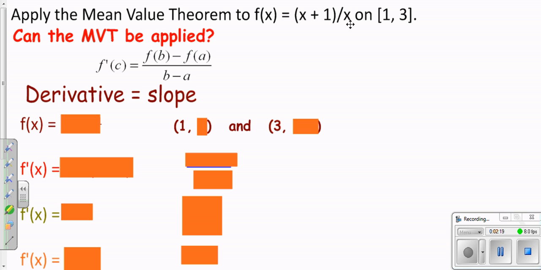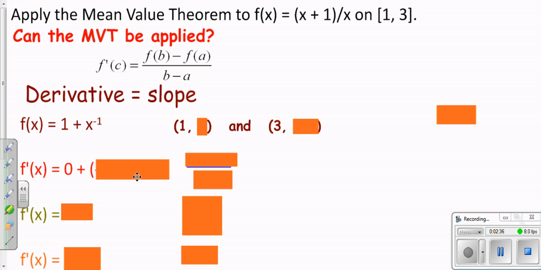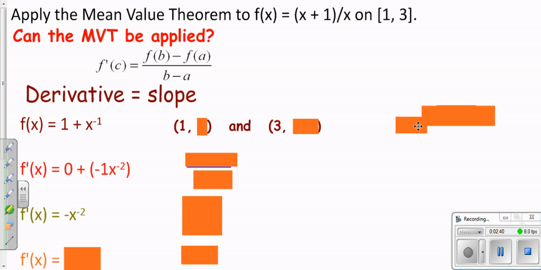Would your derivative exist? Well, let's go ahead and take a look at our derivative. We know our function. We can take each one of these over our x, and it ends up being this. Now we take our derivative: the derivative of 1 is 0, and here we put the exponent in front and decrease the exponent by 1; 0 doesn't make a difference. We get this here.